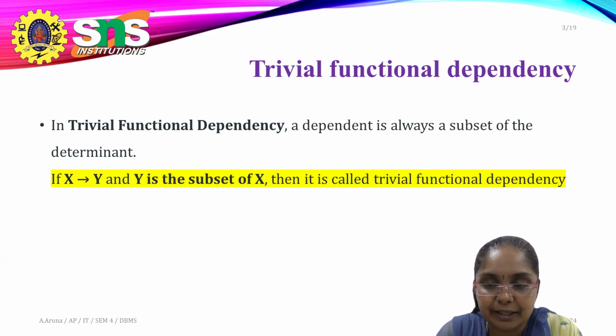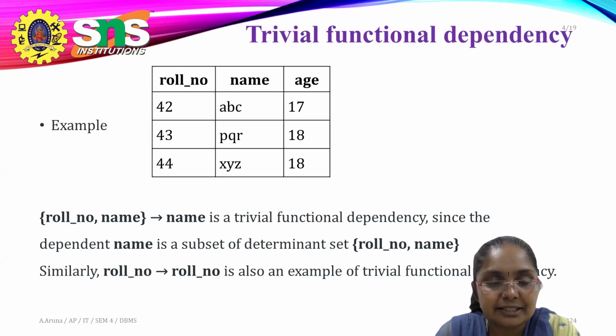First, trivial functional dependencies. If the dependent is always a subset of the determinant, then we can call that a trivial dependency. For example, X determines Y, that is X tends to Y, is a functional dependency. If Y is a subset of X, then definitely we can call this a trivial functional dependency. So let us see an example.